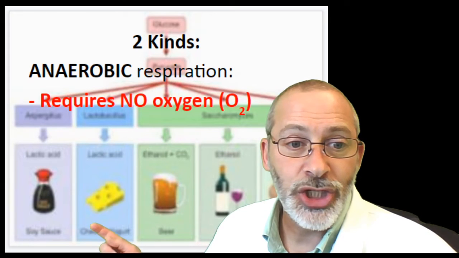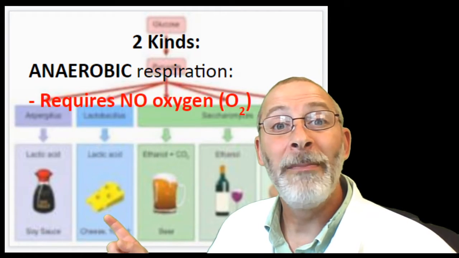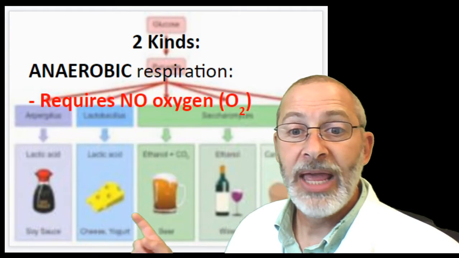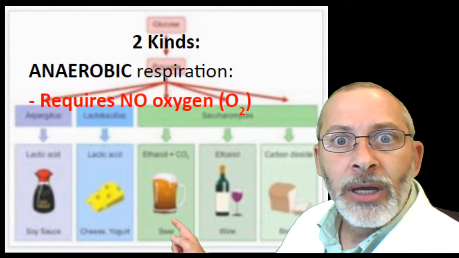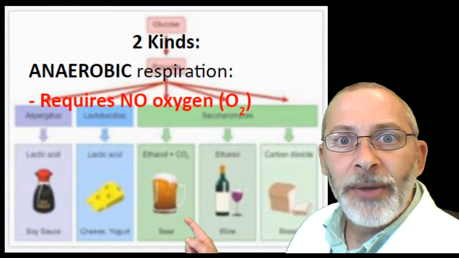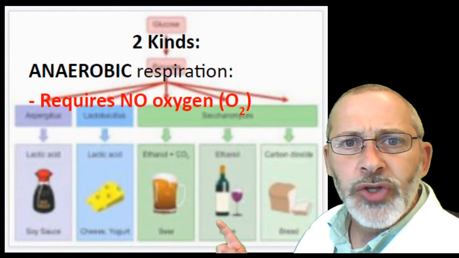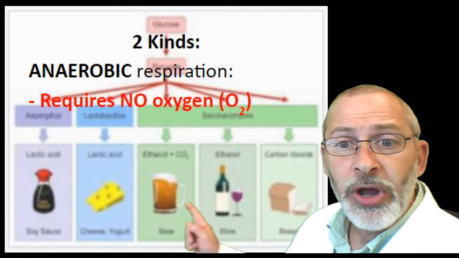How many of you like cheese and yogurt? Cheese and yogurt are made anaerobically. How many of you like beer and wine? None of you should be putting your hands up because the legal drinking age in New Jersey is 21 years old. So neither one of you should have personal experience with beer or wine.